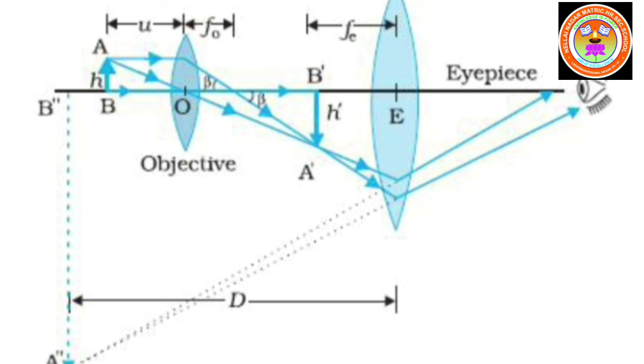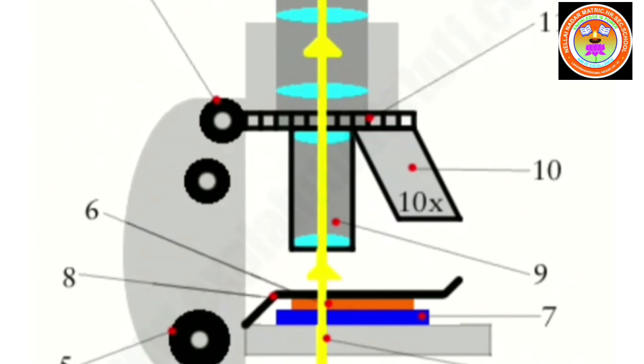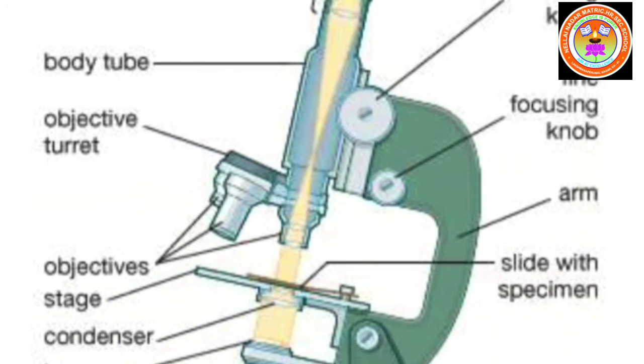The eyepiece focuses on the A dash B dash image and again produces an enlarged image, A double dash B double dash. This is the way the compound microscope works. This is the inner view of the compound microscope. Look at these parts; they have shown very clearly how the image is formed here.